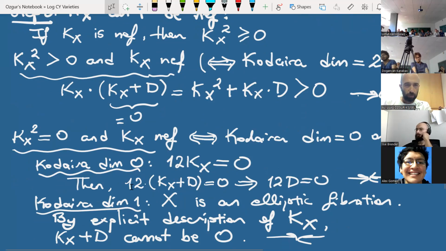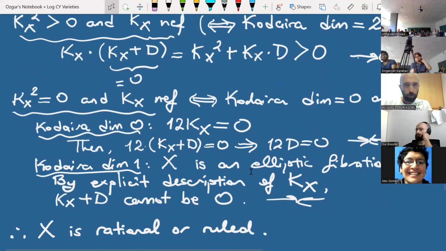So if 12Kx is 0, what you could look at is 12 times (Kx plus D), then 12D must be 0, but that's absurd because D is some curve. So Kodaira dimension 0 case can be ruled out like this.